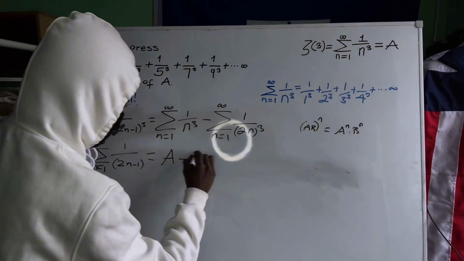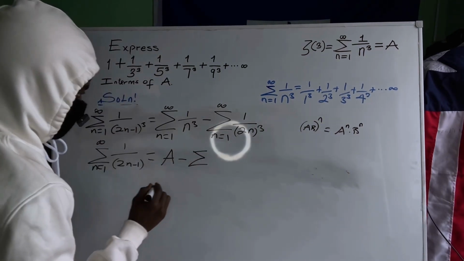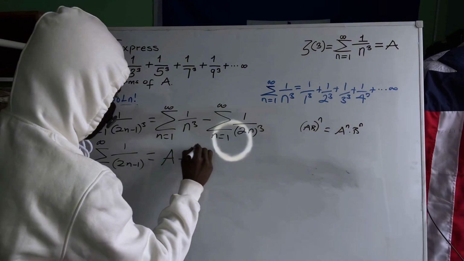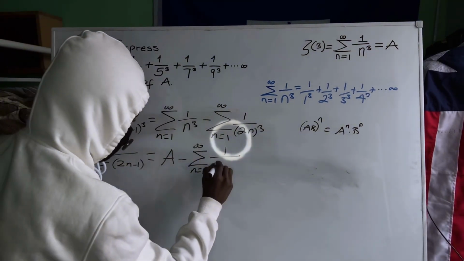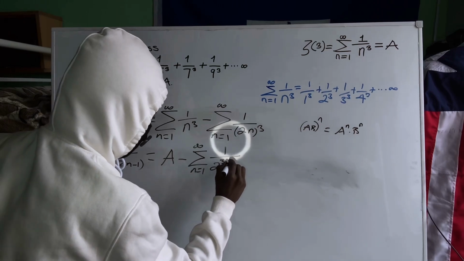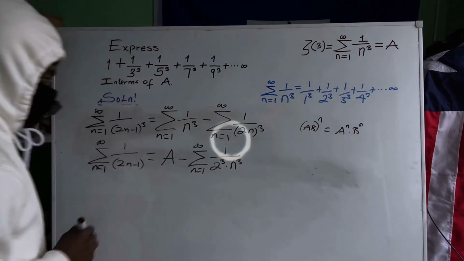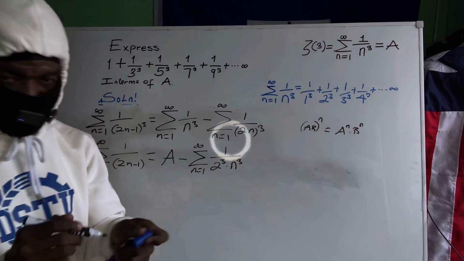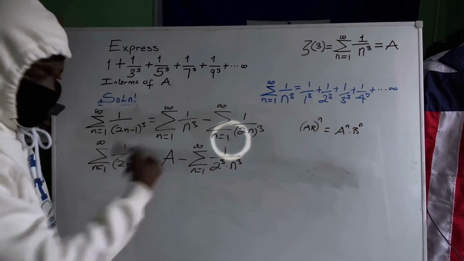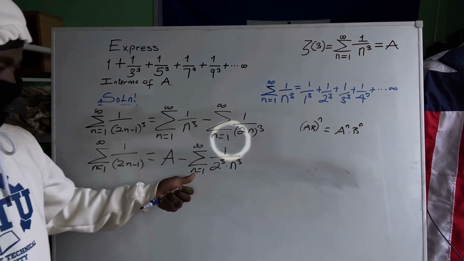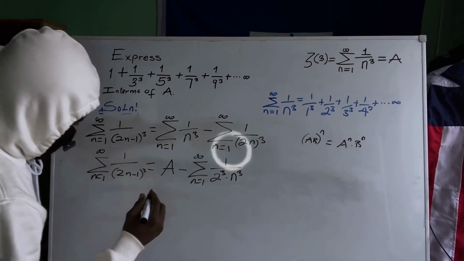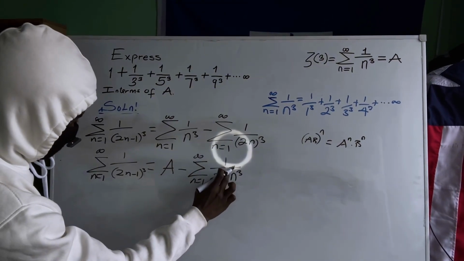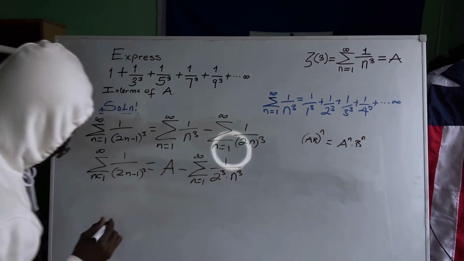So this will be the sum from n is equal to 1 to infinity of 1 all over 2 cube times n cube. And what can we do next? We can bring out this 2 cube in front because it's a constant term. So we know that 2 cube is 8. Bringing the 8 out, we have 1 over 8.